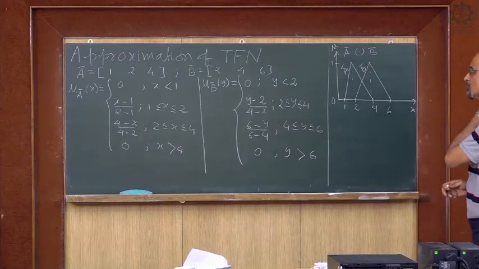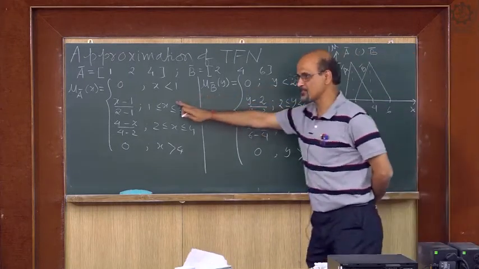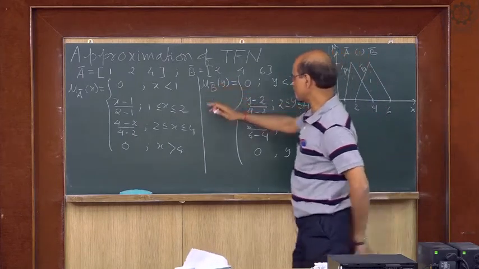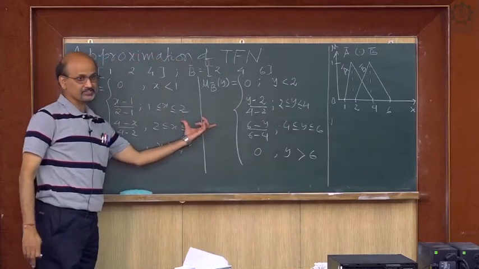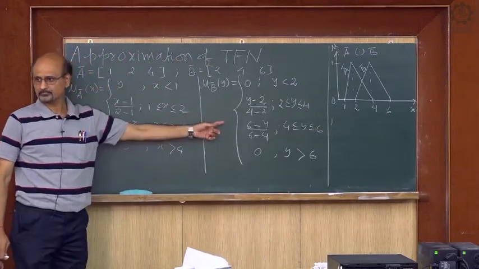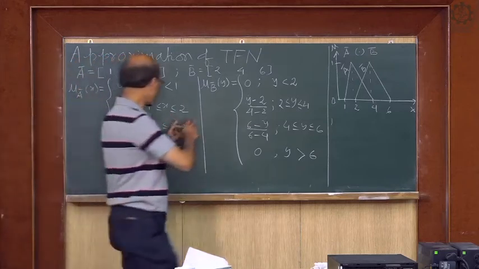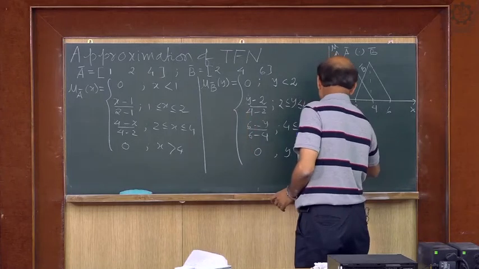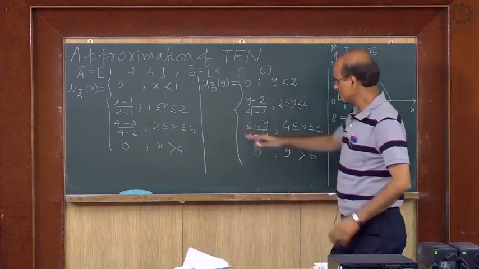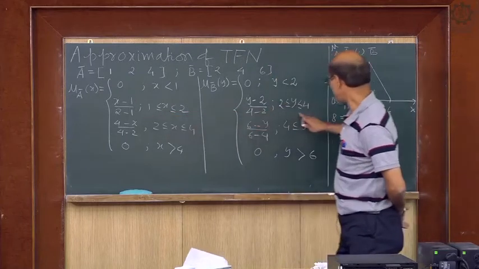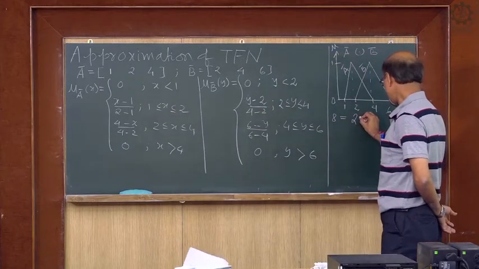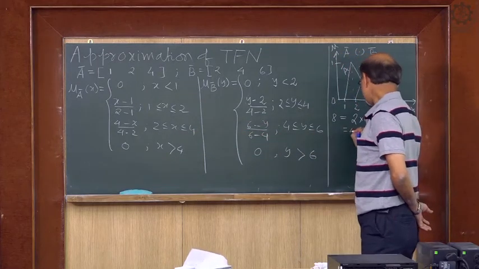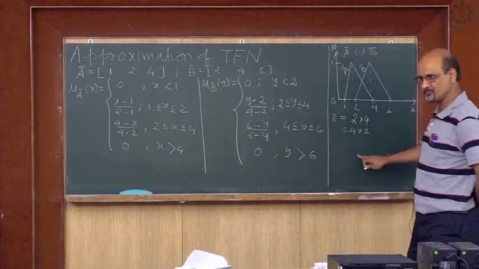Now, if I use the formula of this membership function, suppose I want the element 8, which means multiplication of x and y is 8. Here 2 is there, here 4 is there, so I can write 2 into 4. Here 4 is also there, 2 is there, so I can write 4 into 2. There may be other combinations also.